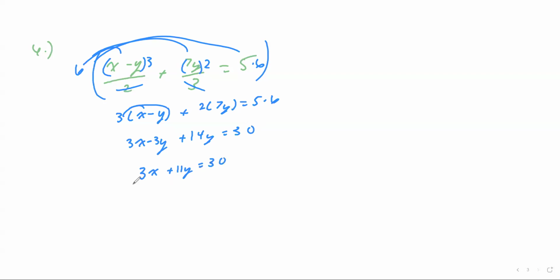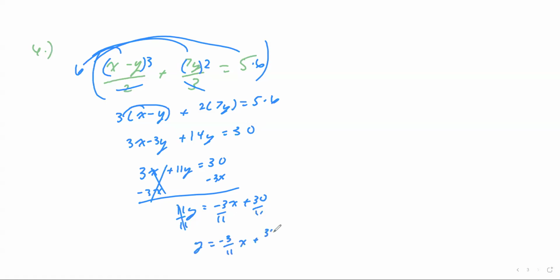And then now I can subtract the 3x, so I get 11y equals negative 3x plus 30. And then I can divide each term by 11, giving me something that looks like this. Even though they're not perfect numbers, it does give me that mx plus b that I need. So this would be a yes.